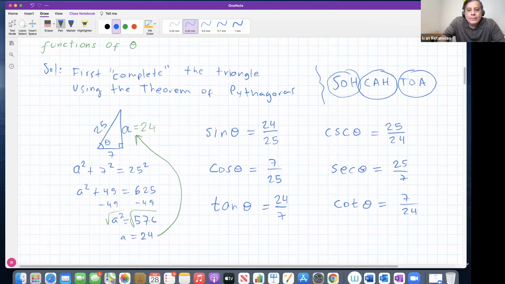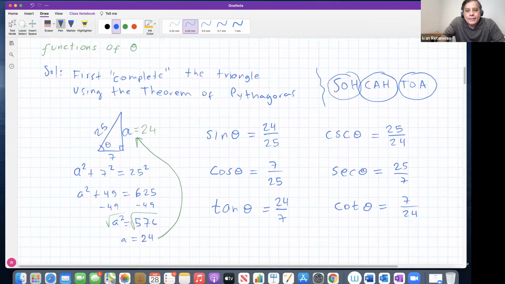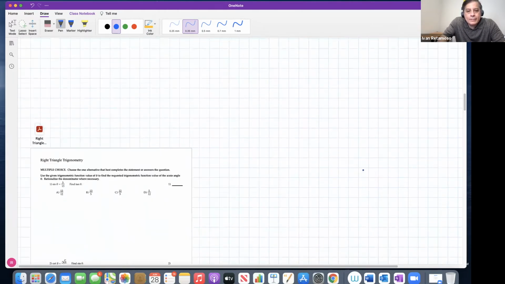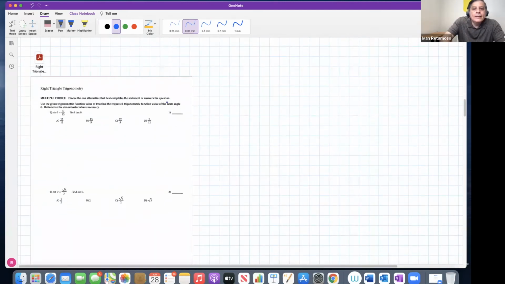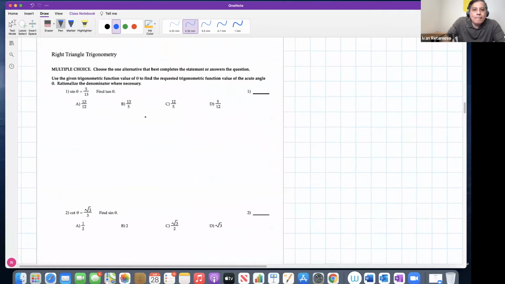Now, let me give you something to work on quickly, and then we will do this special case. Can you try to do what I did with this? I'm going to give you a hint. Sine here is opposite over hypotenuse, right?